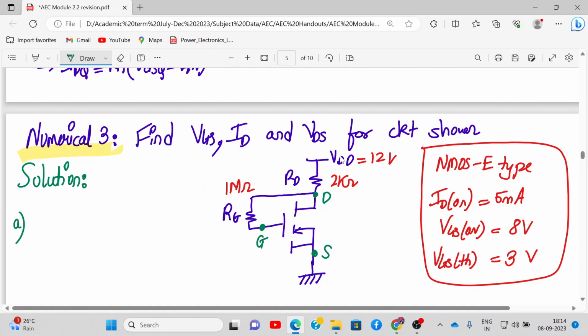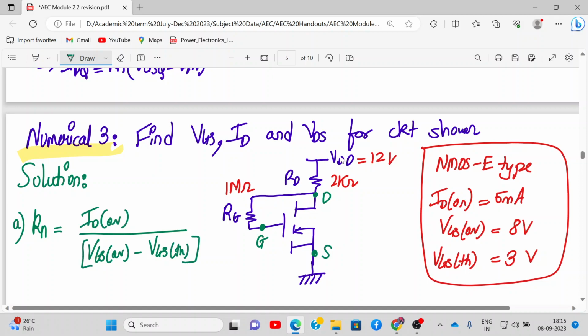Okay. So actually ID on, VGS on and VGS TH are basically related by this formula. We can find Kn from it. So Kn will be ID on divided by (VGS on minus VGS TH) the whole square. So please note down this formula.